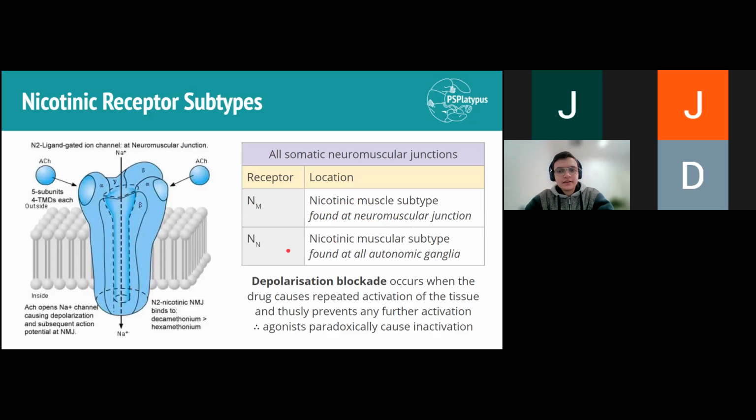The NN is the neuronal nicotinic, it's not supposed to be muscular. It's more at the autonomic ganglia. I'll fix that up. But it's supposed to be within the autonomic ganglia, again, not crucial for pharmacological effects. And here's that explanation that I gave you previously, if you want to have a read. Unlikely that they'll actually ask you what the definition is, but it's extremely important contextual knowledge for when we're discussing the medications.